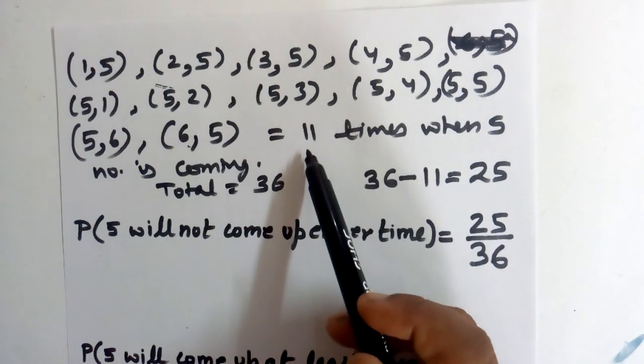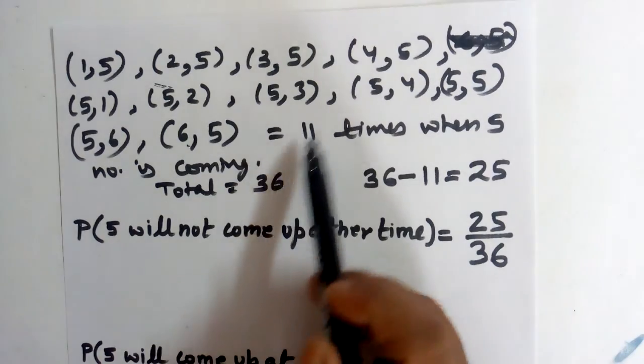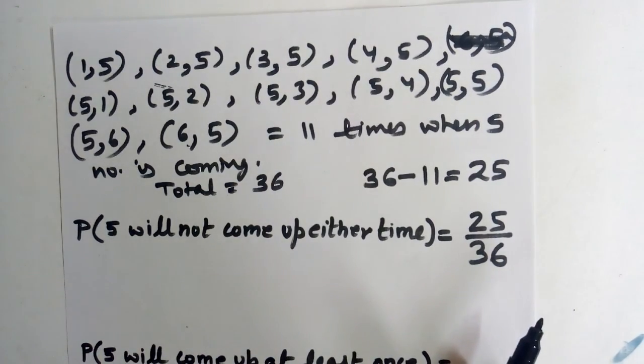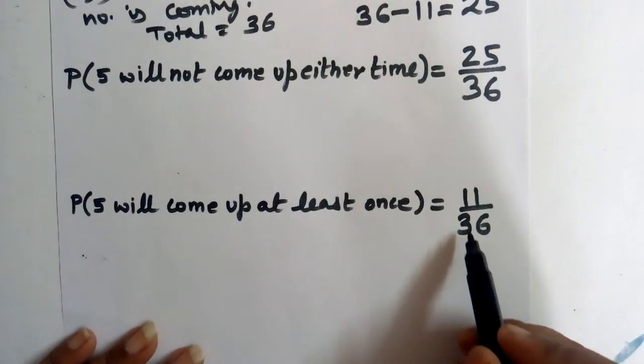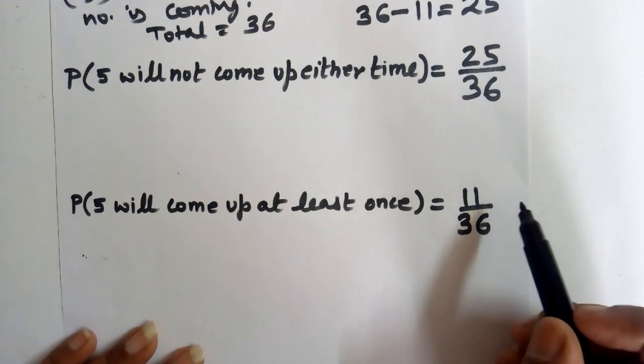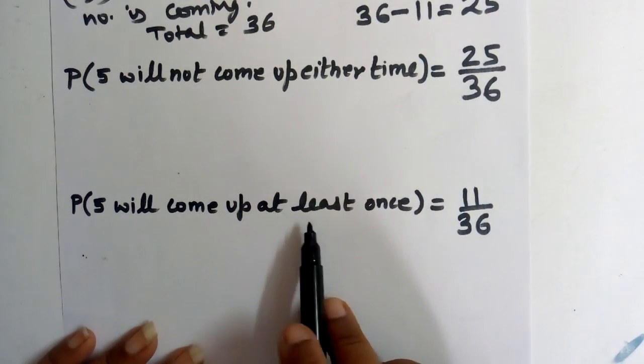We have already found that this is 11. So the favorable outcomes where 5 is coming are 11 and the total outcomes are 36. So this is the answer for where 5 will come at least once.